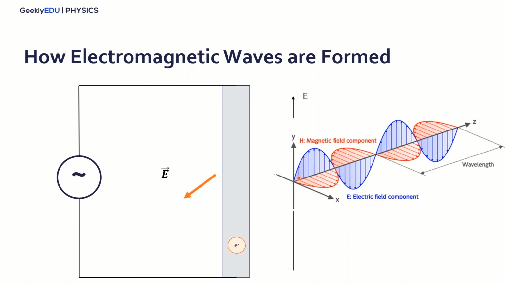So this is an electromagnetic wave: this electric field is inducing this magnetic field. It's also important to know that both are perpendicular. If you have this electric field over here, the magnetic field is perpendicular, and the direction of propagation is perpendicular to both.